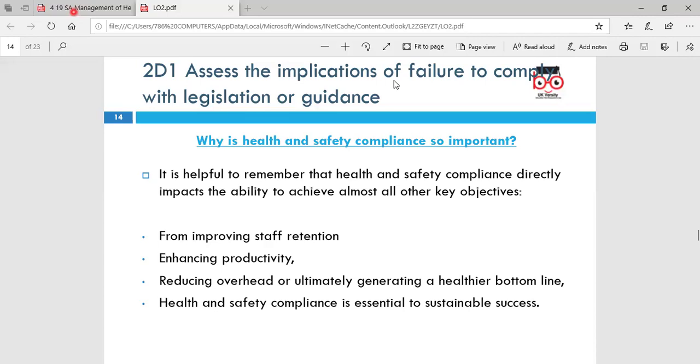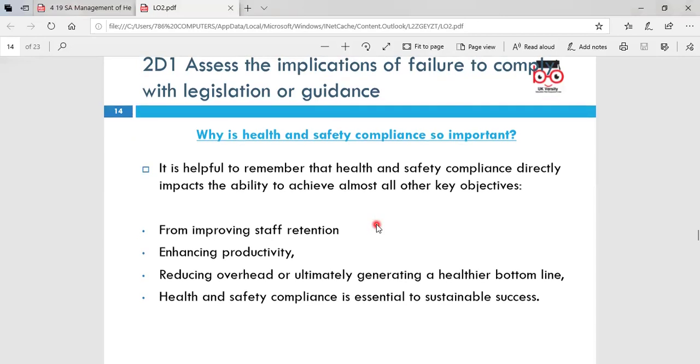You could improve the people you're inducting in your organization. So you need good quality people to improve the productivity of your organization. Reducing overhead, or ultimately generating a healthier bottom line, and health and safety compliance, which is essential to sustainable success.